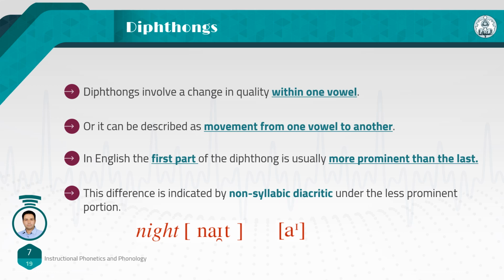So we show this by this non-syllabic diacritic. We show that it is the less prominent portion of this diphthong. In some books, they use this small diacritic, just like the one you see on the right side. It is printed as a superscript letter.